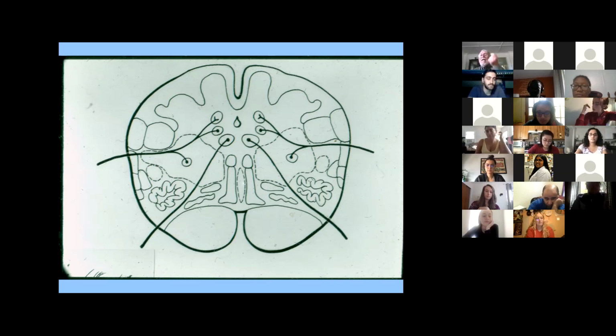Why? Where does the MLF originate? It originates in the rostral medulla in a place called the medial vestibular nuclei, which is getting what? Information from the vestibular cochlear nerve that basically tells us where our head, where our shoulders, where our neck is in space.